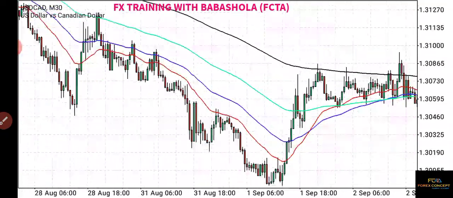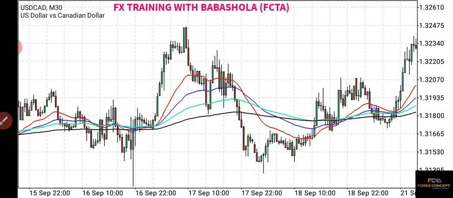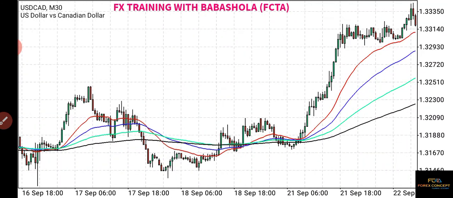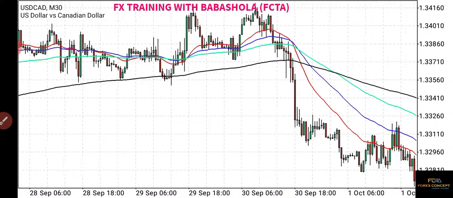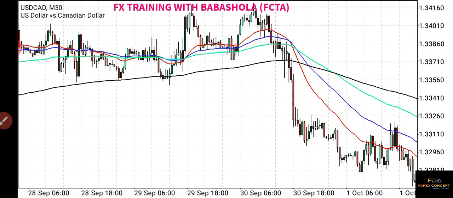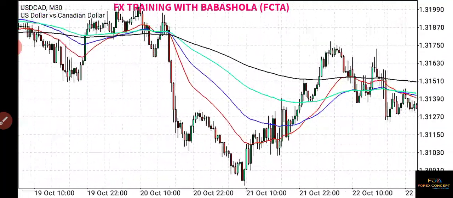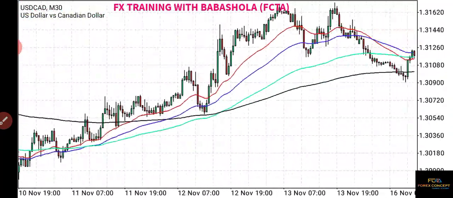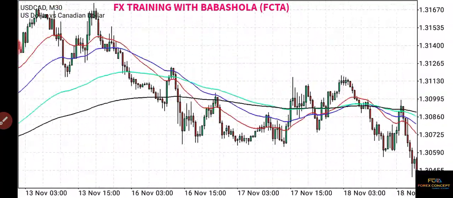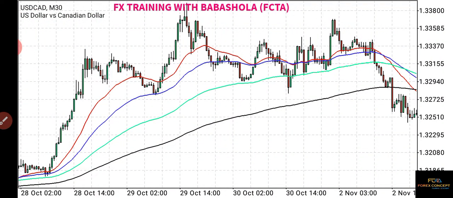So I've told you that the first thing you need to do is to identify whether the market is trending or ranging. Then number two, identify the trend of the market, whether it is an uptrend or a downtrend. Then after you have identified this, what you need to do now is to look for a buying or selling opportunity. If the trend is downward, look for a selling opportunity.